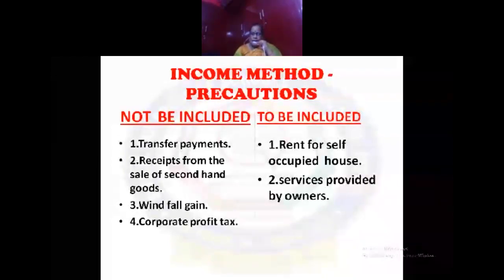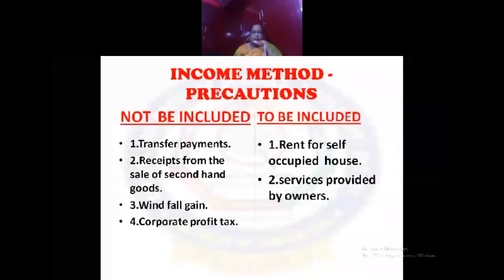Transfer payments are not to be included in the estimation of national income. These are all the payments made by the government in the form of pensions, unemployment allowances, we can say. These payments are not received for any services provided in the current year. Example, pension, social insurance, etc.